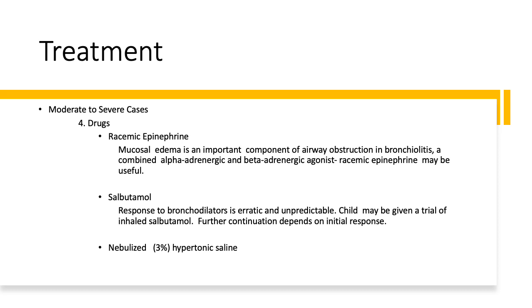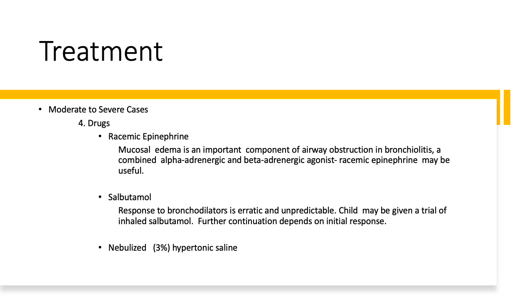So, the first drug is racemic epinephrine. Mucosal edema is an important component of airway obstruction in bronchiolitis. So, a combined alpha adrenergic and beta adrenergic agonist, that is racemic epinephrine, can be given in nebulized form, which helps in reducing mucosal edema and relieving airway obstruction.